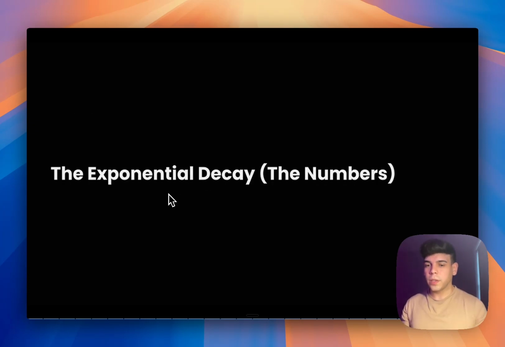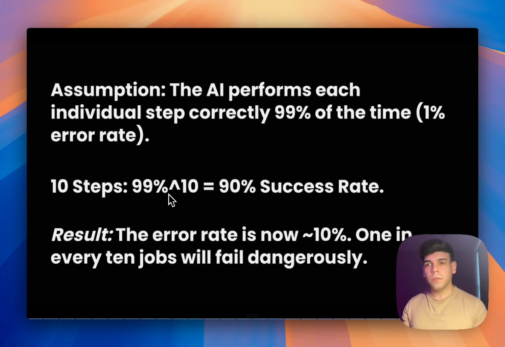All right. Let's say you're still not convinced and you think I'm fear-mongering. Let's go over the exponential decay. So let's say AI performs a specific step correctly 99% of the time. It only makes a mistake 1% of the time. The thing about ClawdBot is that without your specific input, it's just going on and doing things on its own, which take multiple steps.